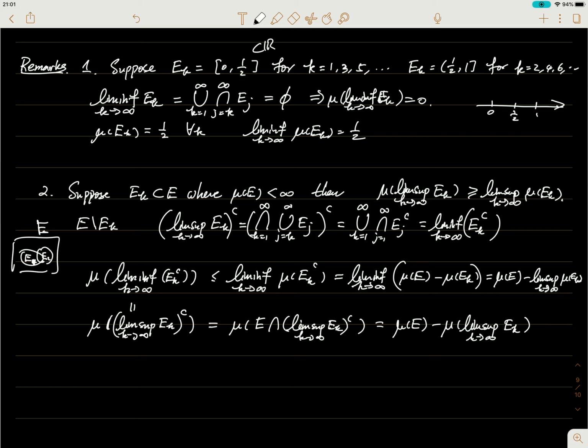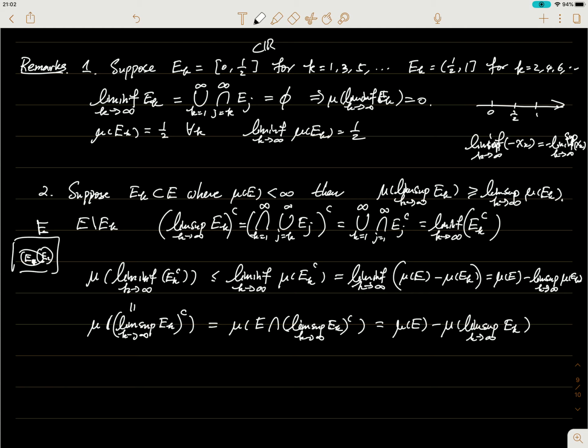This is because the lim sup of negative xk, where xk is a sequence, is just equal to the negative of the lim inf of xk. You know this. So the upper limit of the negative xk is equal to the negative of the lower limit of xk.